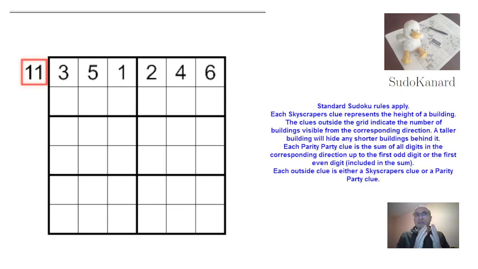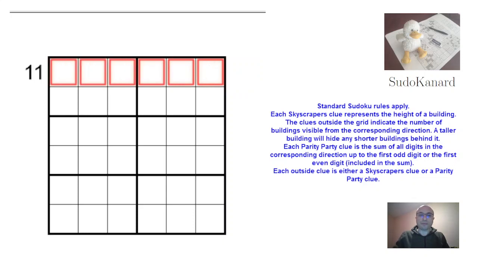And if you are given the number, you have to determine whether you stop your sum at the first odd digit or the first even digit. From this side, the sum could be 6 with just digit 6, or if you stop at the first odd digit, it would be 13. So lots of options here.